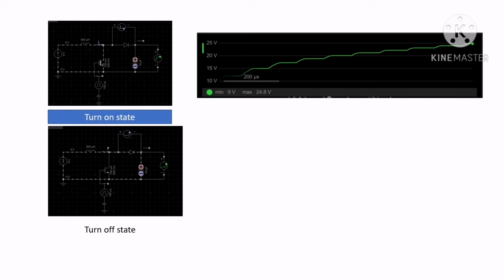Every time we get a voltage spike from this inductor, this adds to the voltage of the capacitor and therefore steps up the voltage of the capacitor over here. Yes, as we can see, initially we start with a 9 volt DC power supply, but then it keeps on stepping up the voltage of the capacitor until the reading of my simulation reaches 24.8 volts.